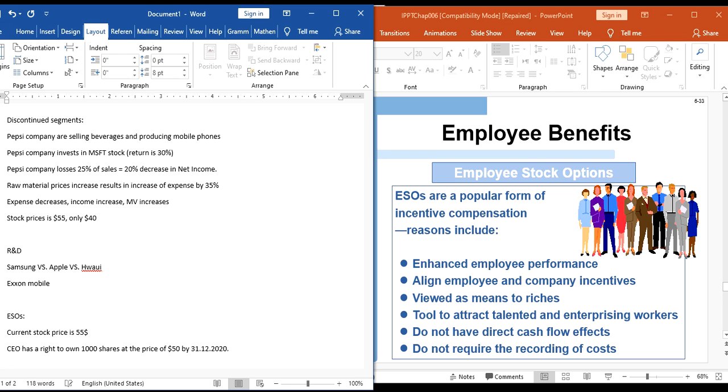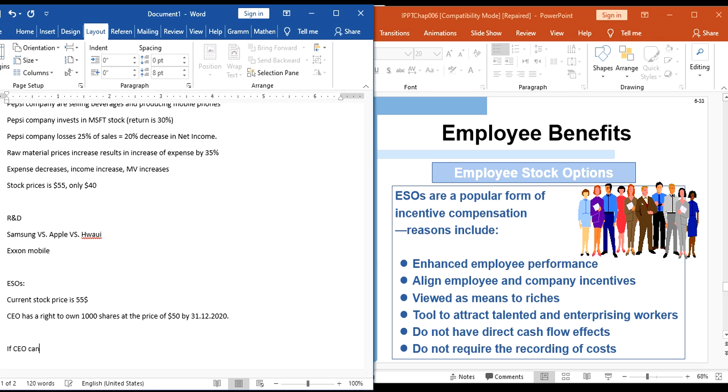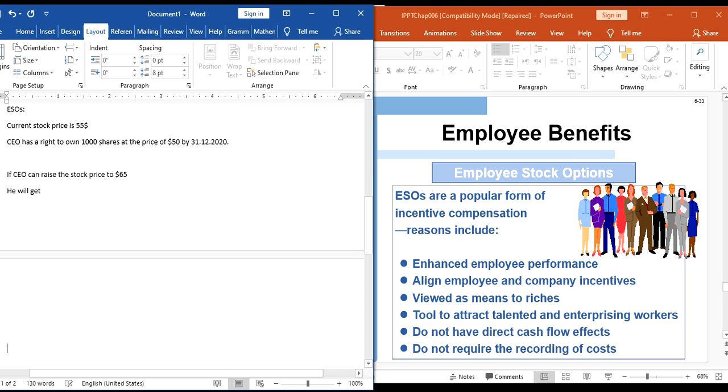Okay, so if the CEO can raise the stock price to, for example, $65, he or she anyway gets $15 multiplied by 1,000 shares, which will be $15,000 at the end of the year.